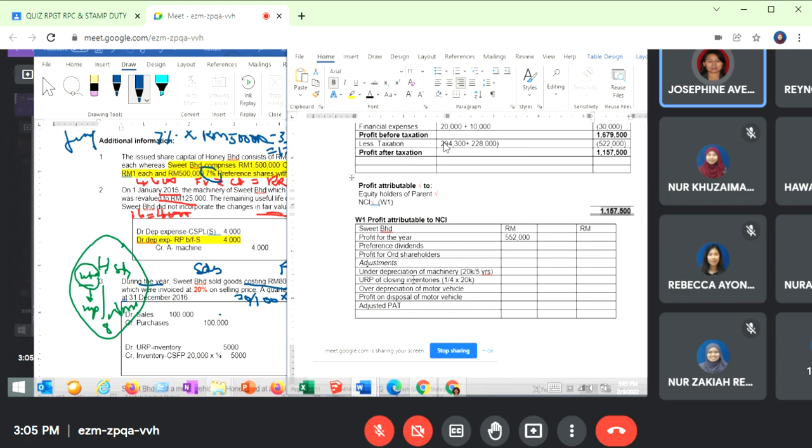These are the adjustments to the profit of the subsidiary. After you have adjusted the profit, of course, you will minus the preference dividend from that profit, so that we can distribute the profit to the parent company. So these are the adjustments.